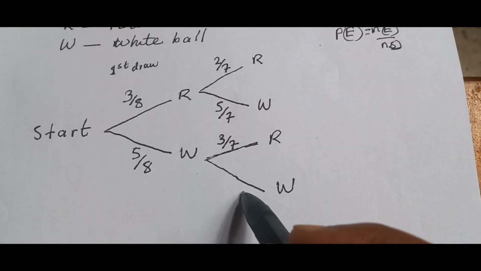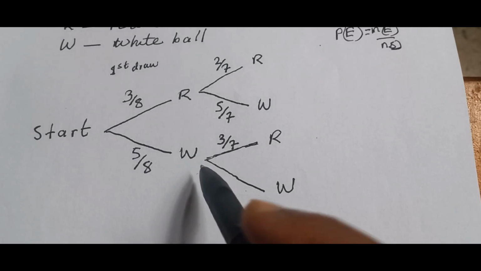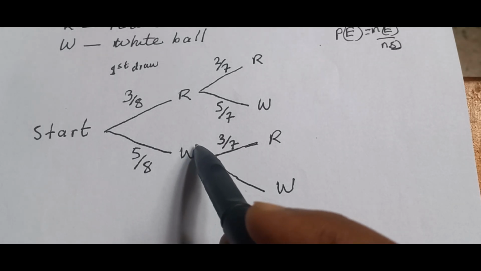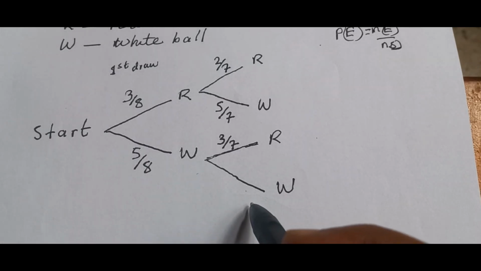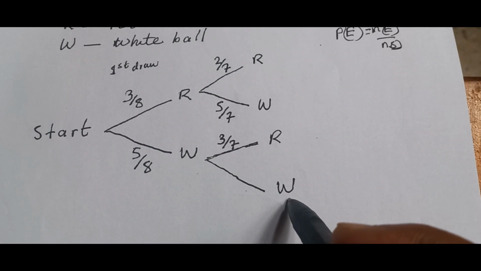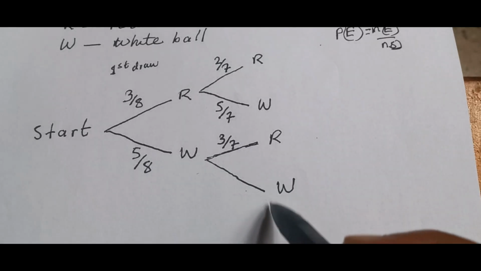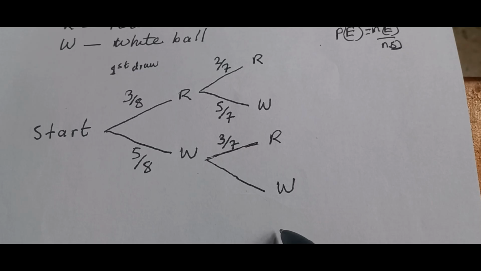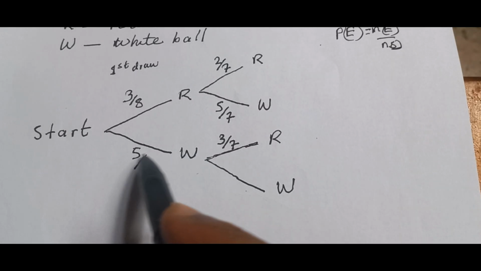So let us proceed with this case. If the first ball drawn is white, there is also a chance of drawing a white ball in the second draw. So the probability of drawing a white ball in the second draw equals the total number of white balls left. Remember, we have taken a white ball in the first draw.